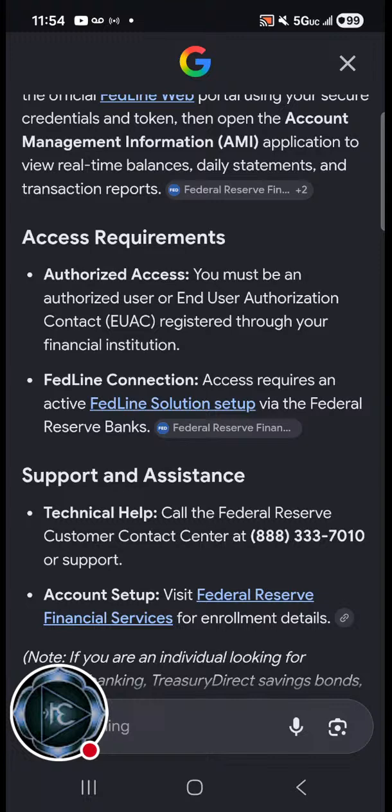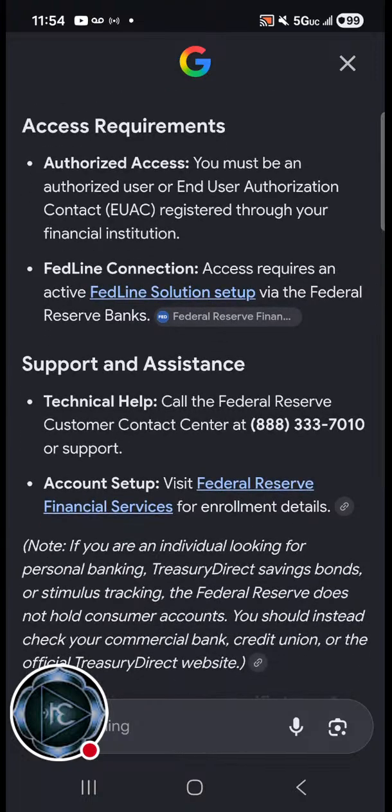Access requirements. Authorized access. You must be an authorized user or end user authorization contact registered through your financial institution. Okay? So there are two different types of authorized user, and you will be considered an end user. Okay? And so, would you know that?